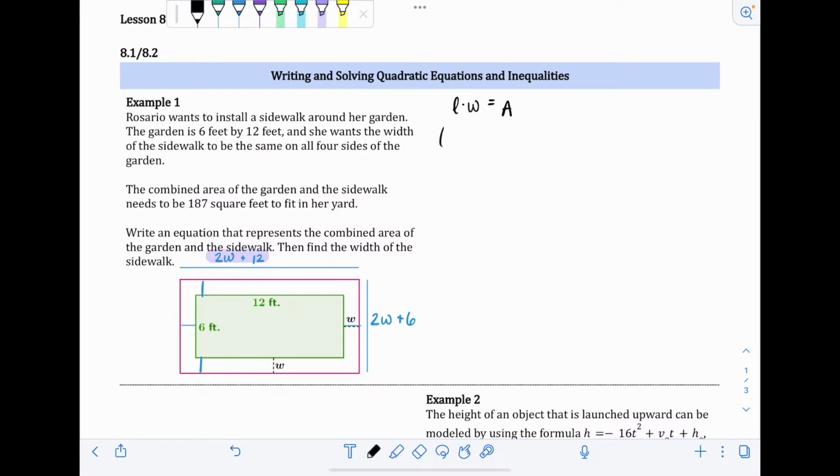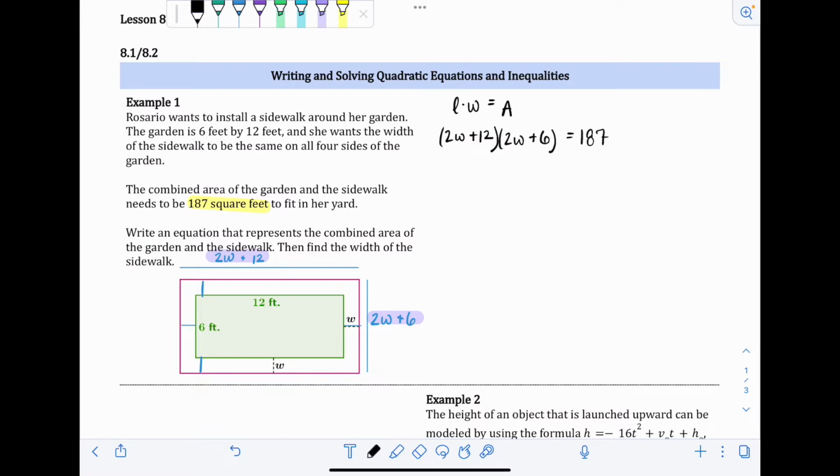We can put that into L, so 2W plus 12. And then the width is 2W plus 6. We can put that in for W, so 2W plus 6. And then that's equal to the total area that we're trying to get to, which is 187 square feet, so equals 187.